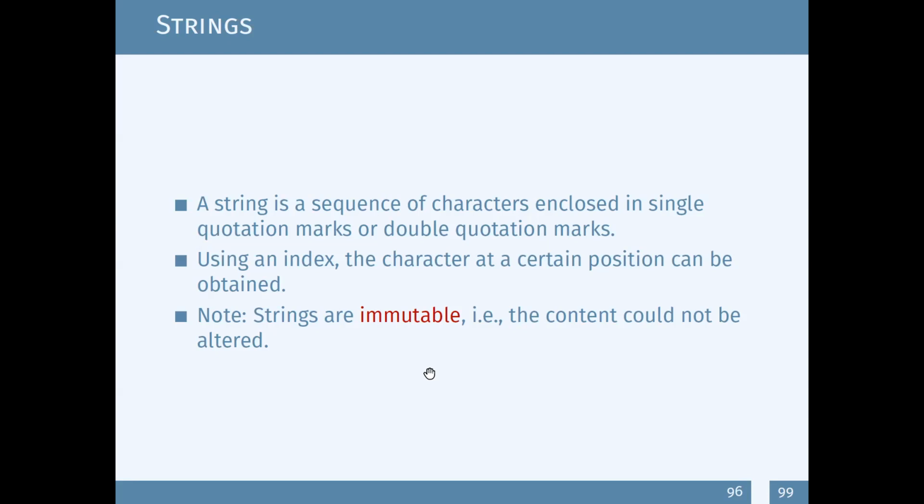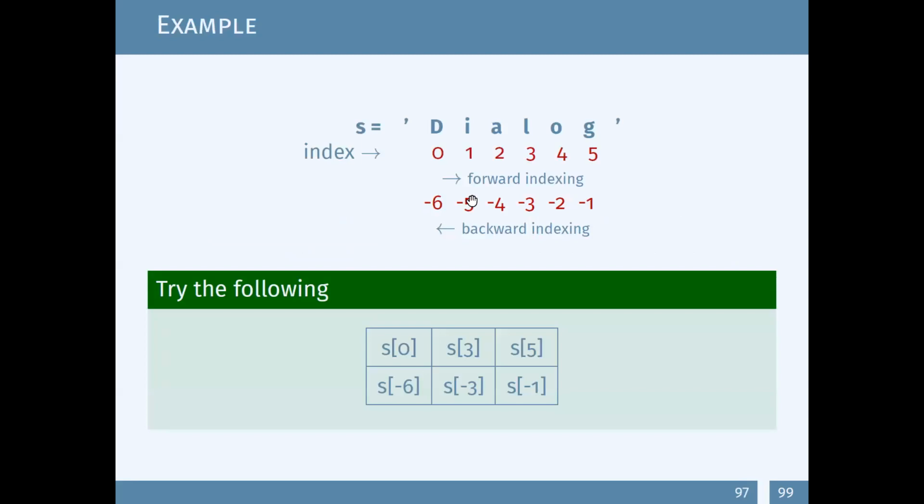So let's start with the basics first. Let's take this example. We have a string S, we call it dialog. With an example like dialog, with the index, we know the first character index is 0, the second character is 1, 2, 3, 4, 5.